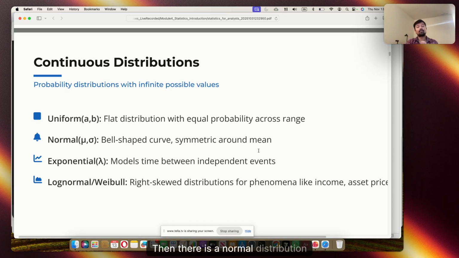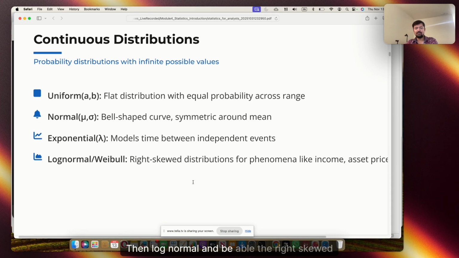Then there is the normal distribution, the bell-shaped curve, symmetric around the mean, which is exactly at the center, with lower values on the left and right sides. This is considered a normal distribution. Then you have the exponential, which models time between independent events, and you get a skewed type of curve.